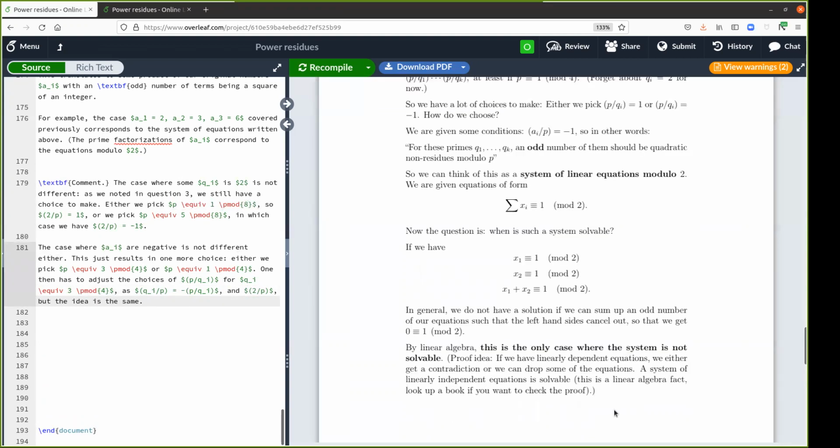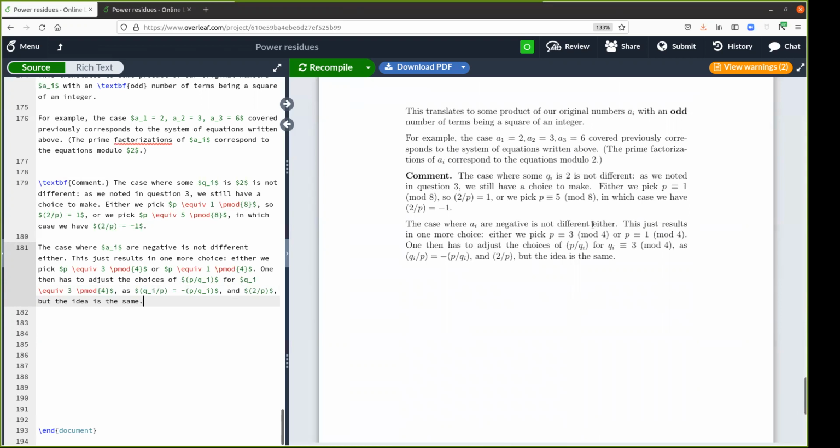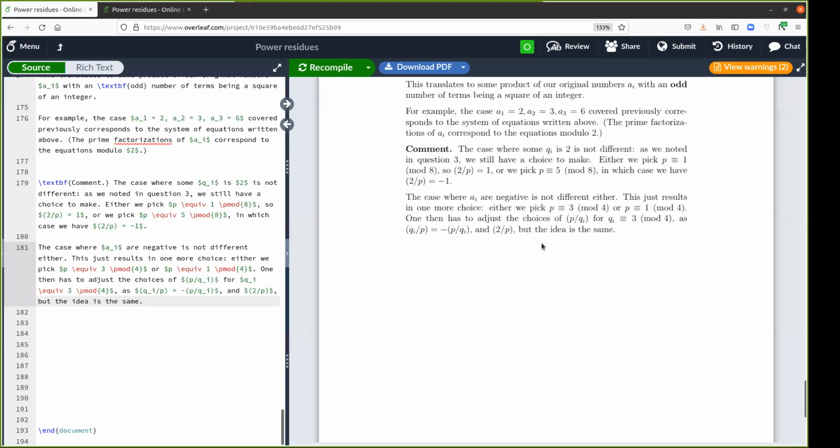But yeah, the case where we also have even integers is not different, because then we again have a choice to make for the prime 2. Either we pick p equal to 1 modulo 8 or 5 modulo 8. And also if we have some negative integers, then we might pick p equal to 3 modulo 4. So we have one more choice.